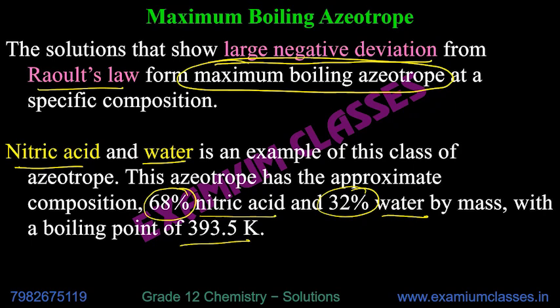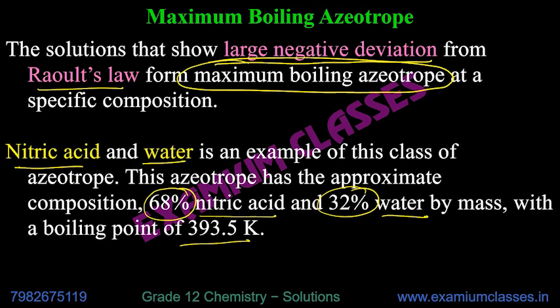Large negative deviation means lower vapor pressure. Lower vapor pressure means it will require more energy to get vaporized. So higher boiling point. All these interrelations should be clear. No, Shashwat, no. It will be greater than individual components, okay? And that too large difference. Okay?